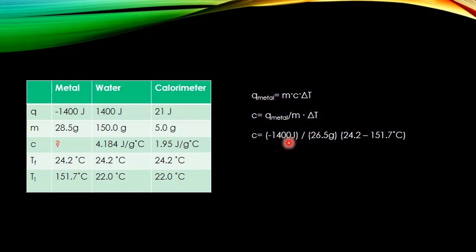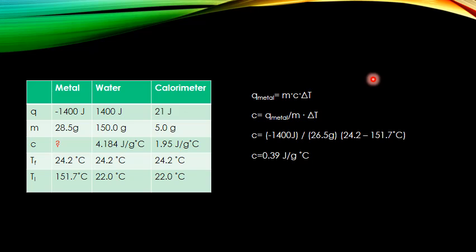Yes, it does. It also makes sense because you have a negative energy here, or a negative heat. You cannot have a negative specific heat. So I need to have something that will cancel out this negative sign here. And that's where this negative delta T comes from. I end up with a specific heat of 0.39 joules per gram degrees Celsius.